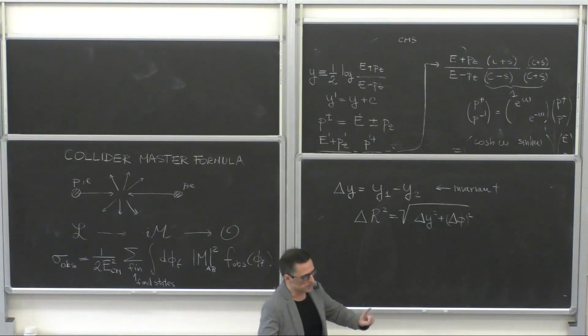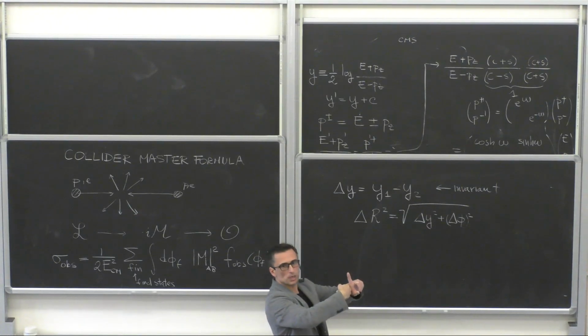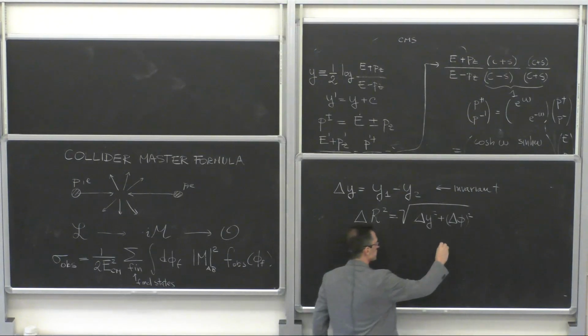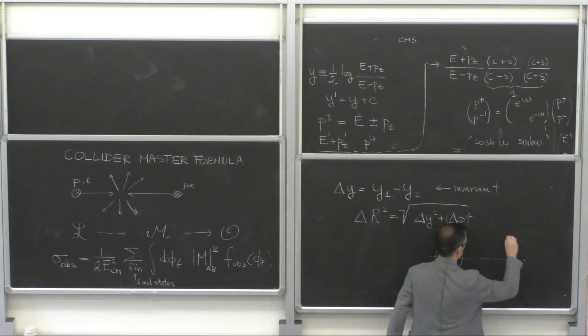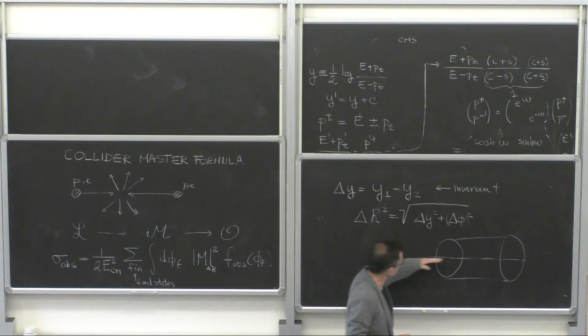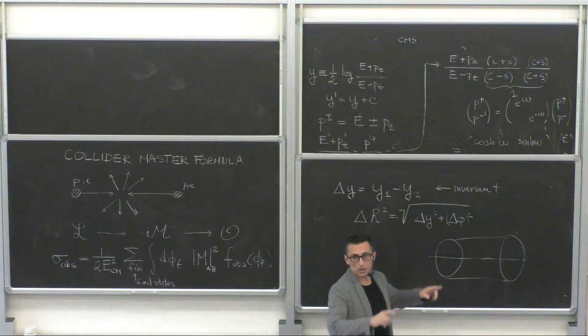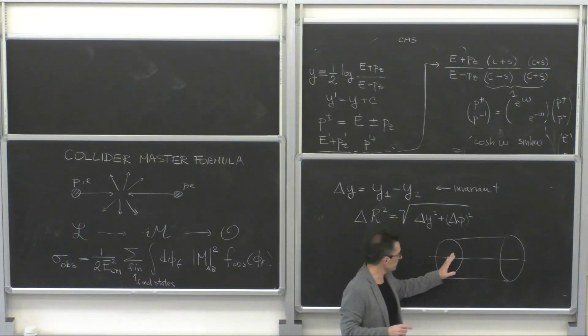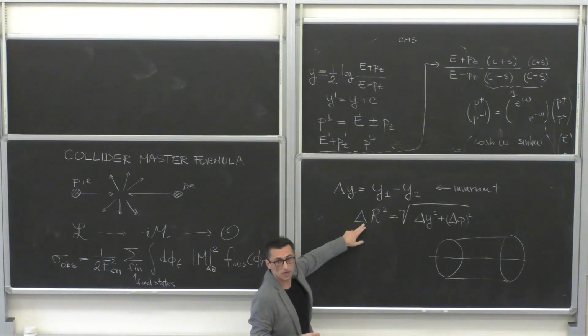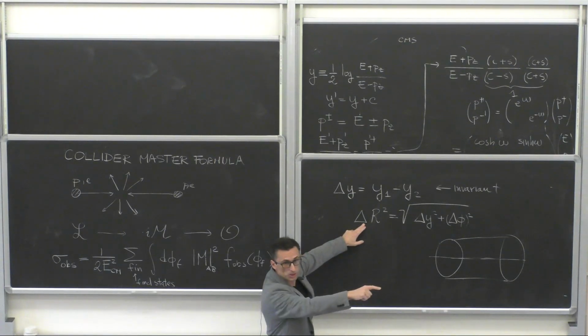So delta phi is the angle between the two particles in the transverse plane. And then in the plane, so you have to think about a cylinder. Okay, and so this is a measure which is Lorentz invariant under boost in this direction on a collider symmetric system, which is a cylinder. Okay, so this distance is Lorentz invariant under boost in this direction.